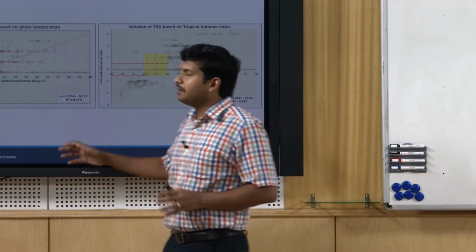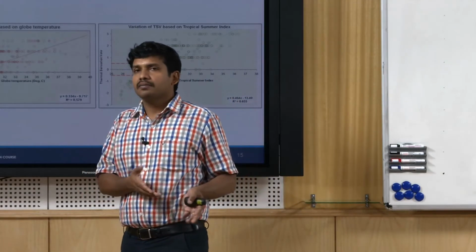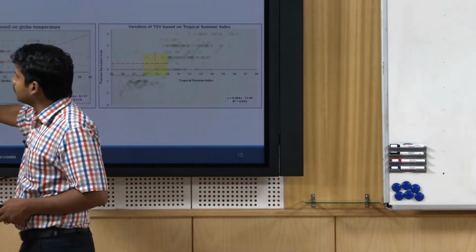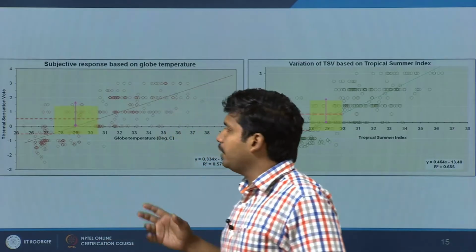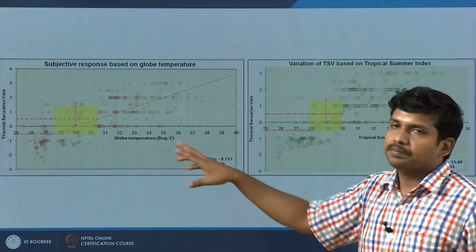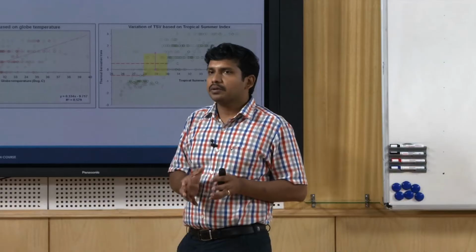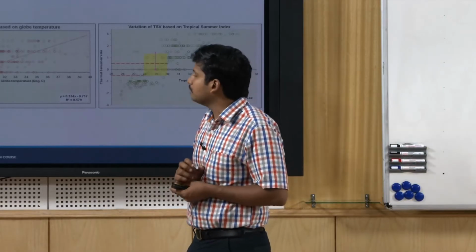So 25 is comfortable. You may get further lower temperatures, you may get this response, you may not get this response. So one important thing we need to note, this particular dispersion is very location specific, very specific to the socio-cultural group which we are talking about.